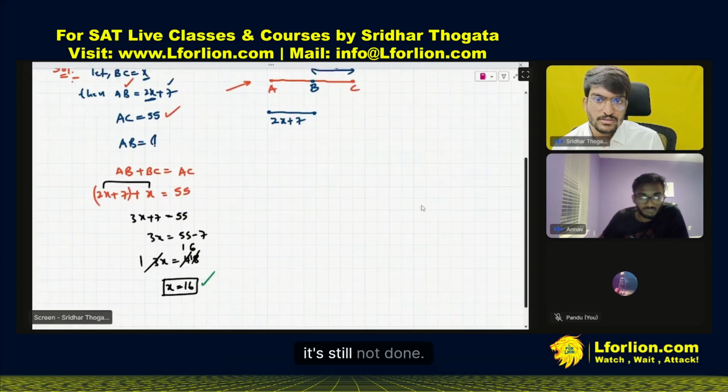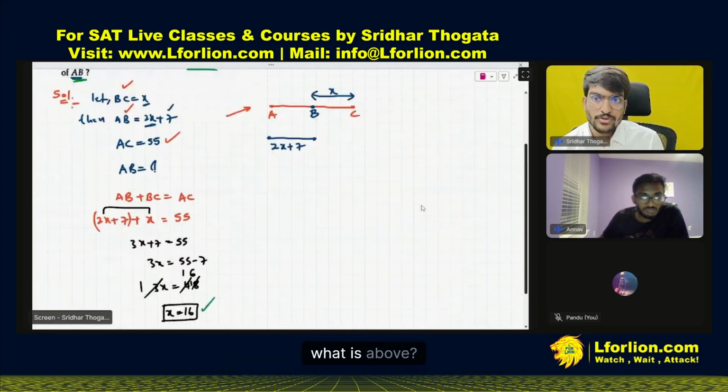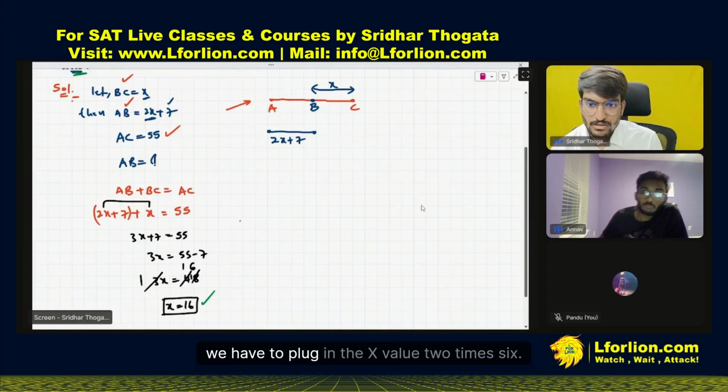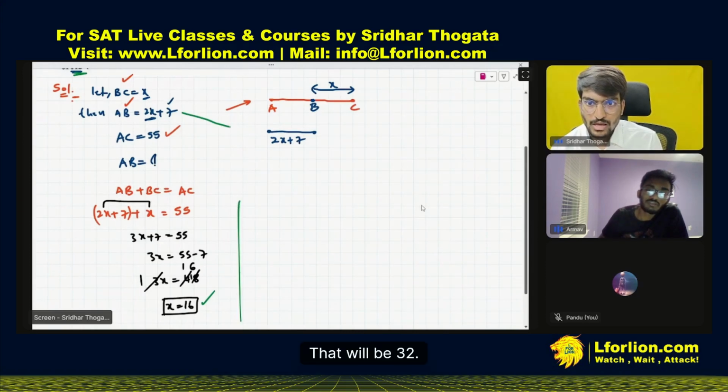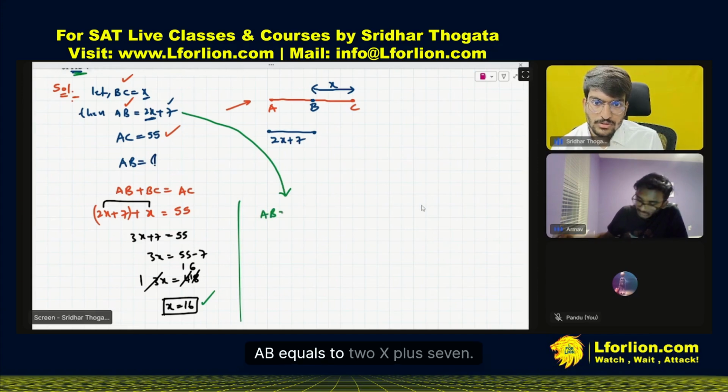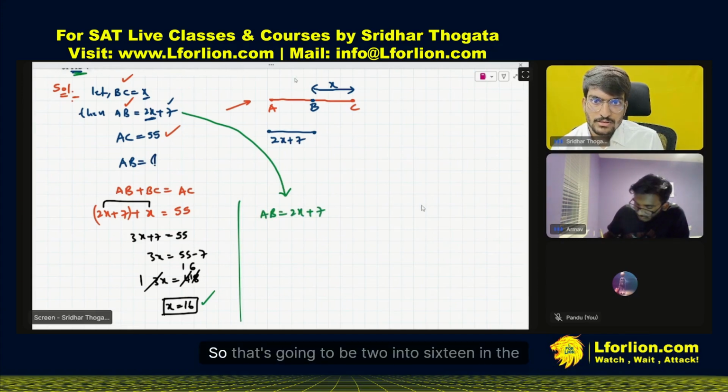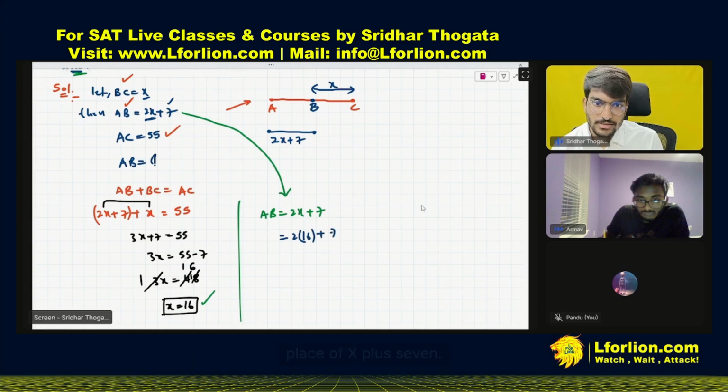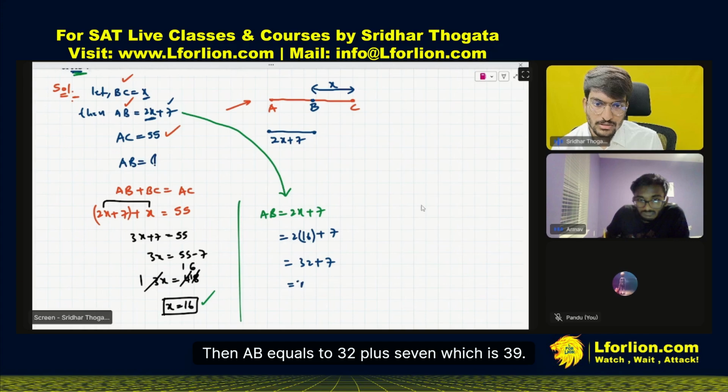It's still not done. What is AB? We have to plug in the x value. AB equals 2x plus 7, so that's 2 into 16 in the place of x, plus 7. Then AB equals 32 plus 7, which is 39.